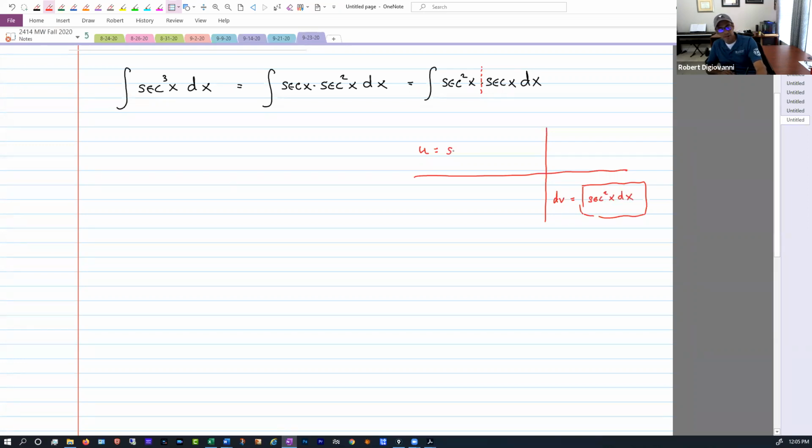And then here, secant x, well, that we can differentiate, can't we? Okay, so let's go down this road. We're going to do du here, the derivative of secant x, which is secant x tangent x dx. Had anyone started to go down this road?